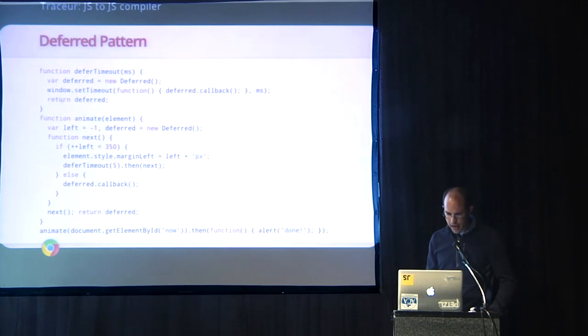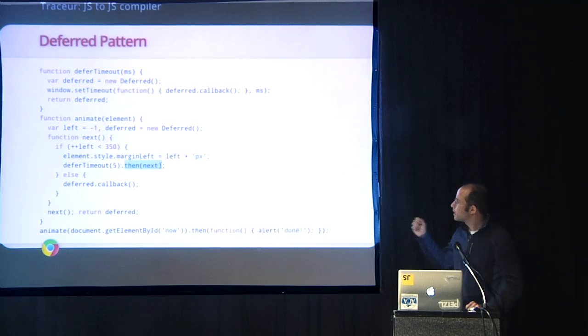And the animate function, every time it wants to wait for 5 milliseconds, calls defer timeout with 5 milliseconds, and then says, when you're done, add my continuation, add my callback, to the return value.